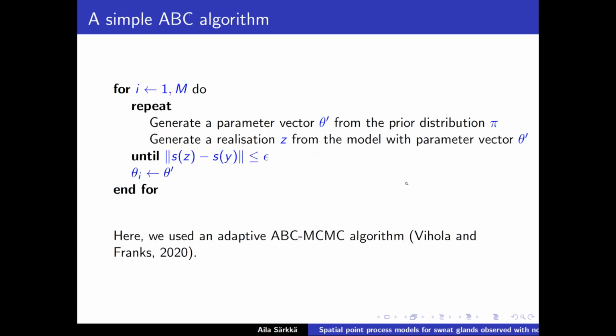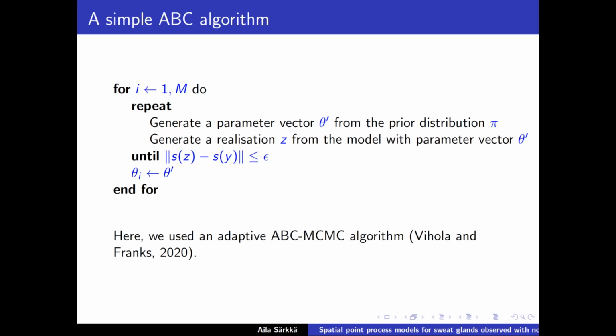A very simple algorithm for this, if you want to sample, say, M samples from your posterior distribution, is this. You take parameters from your prior distribution, and then you generate a realization, so you generate a point pattern using those parameters. Then you compute your summary statistic from your simulated pattern and from your data, and compare them.